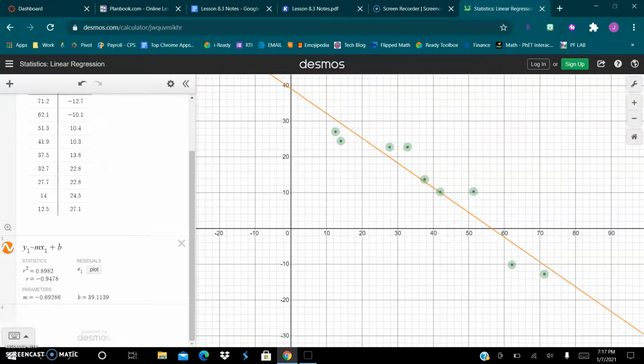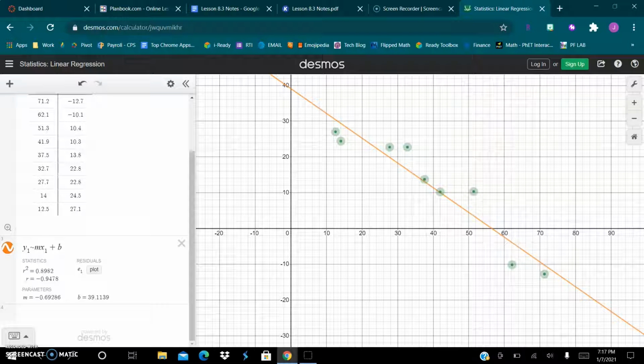And then if you scroll down on the left-hand side, it gives us a lot of information. The residual squared is 0.892. The correlation coefficient is negative 0.9. And remember, the closer it is to 1, the tighter the points are to the line, and you can see that over here.